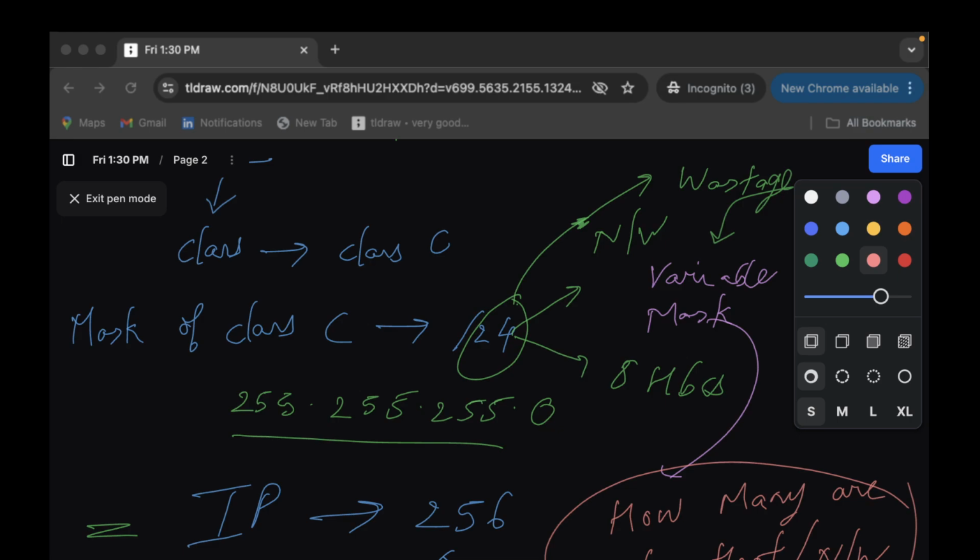Let's understand what subnetting is. In subnetting, we are dividing the company network into smaller isolated parts.